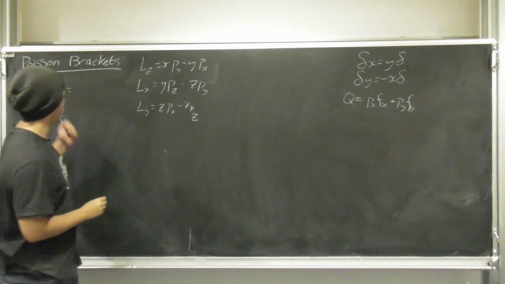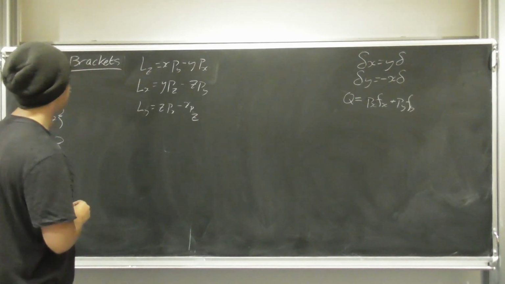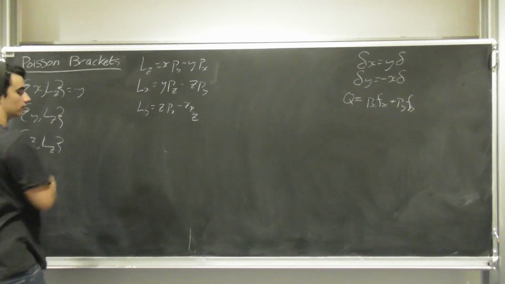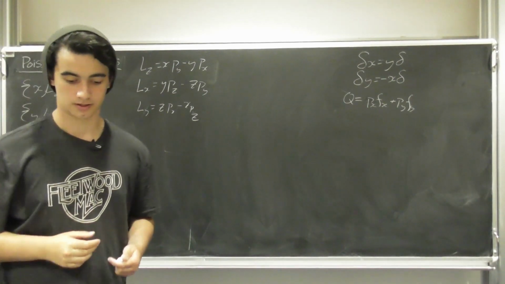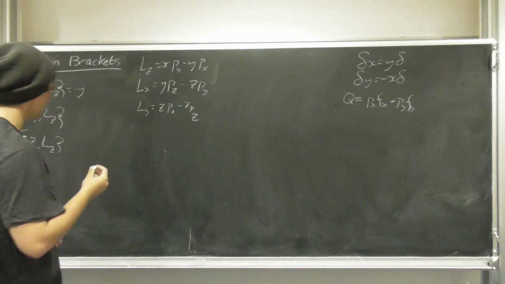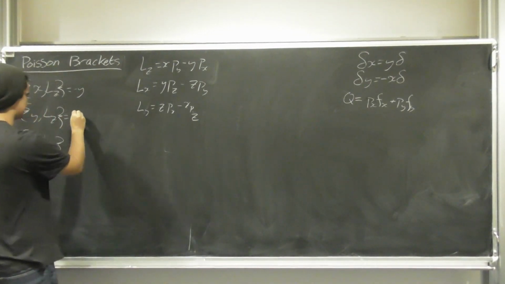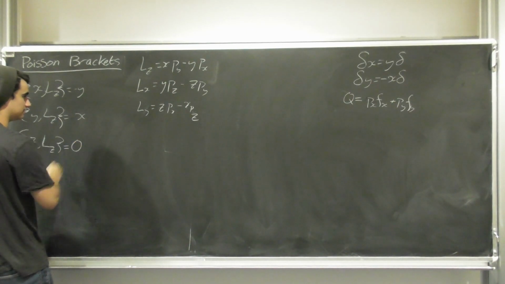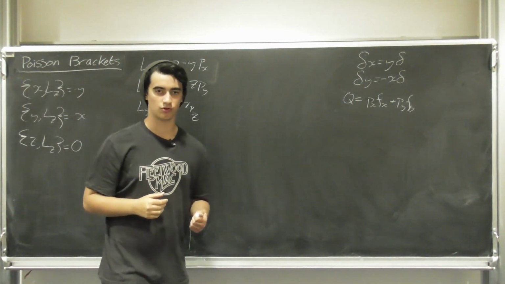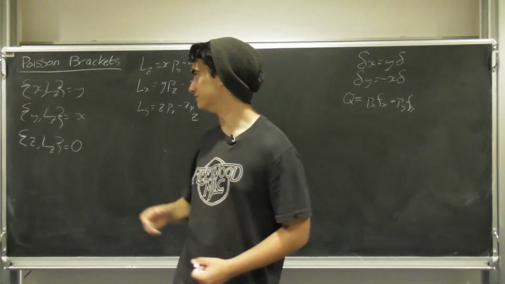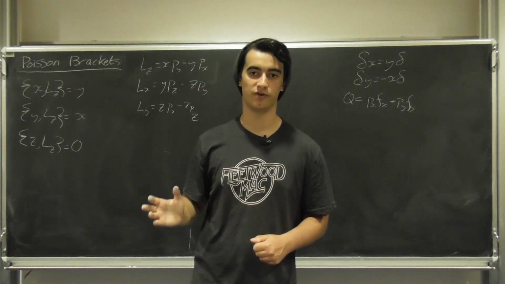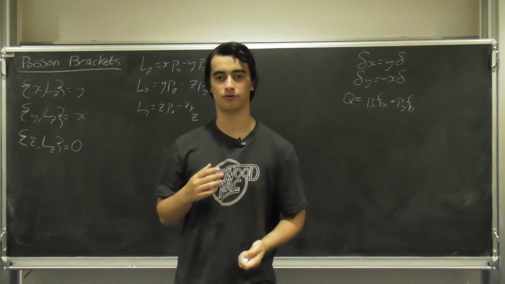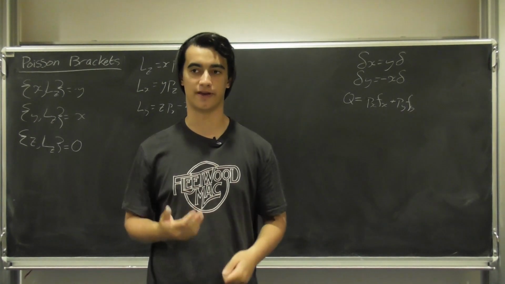So for x, we'll get that this is just going to be minus y. If we take it with y, we'll just get x. And if we take it with z, we'll just get 0. So what we've in essence done is, using our Poisson brackets, we've gotten back to our delta way of rotating things about an axis.